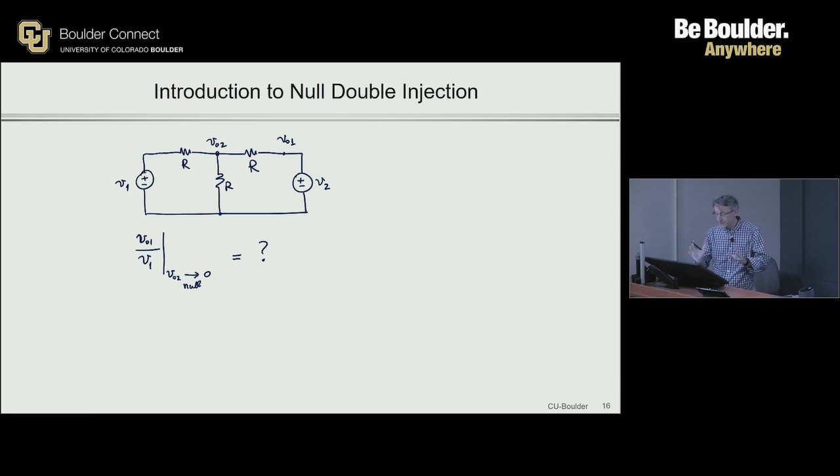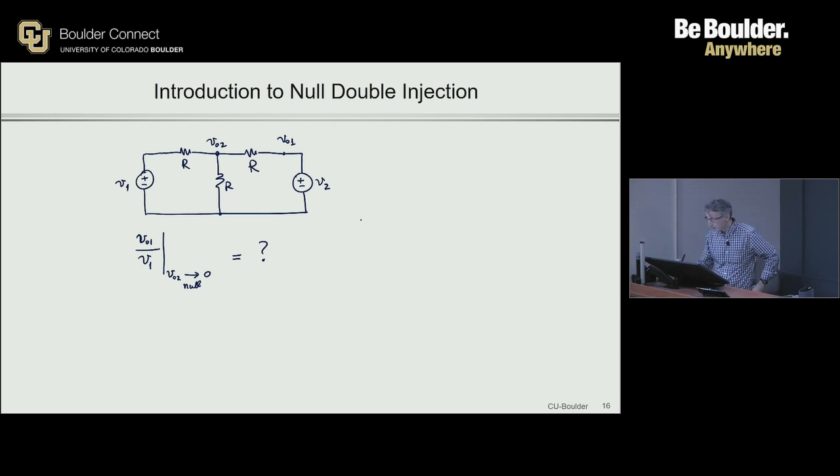Well, first of all, what does this nulling really mean? Okay, the most important thing to understand about the nulling is that the transfer function that we are looking for is found in the presence of two independent inputs present at the same time and adjusted so that a certain output signal is equal to 0. So let's put this in writing.